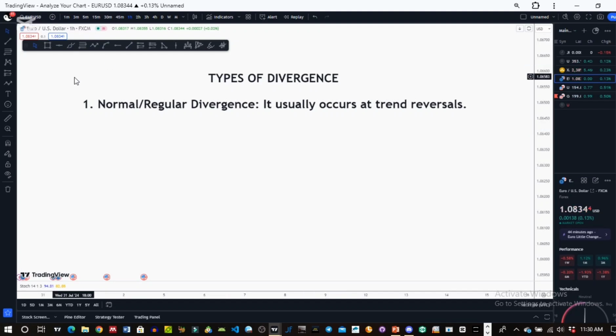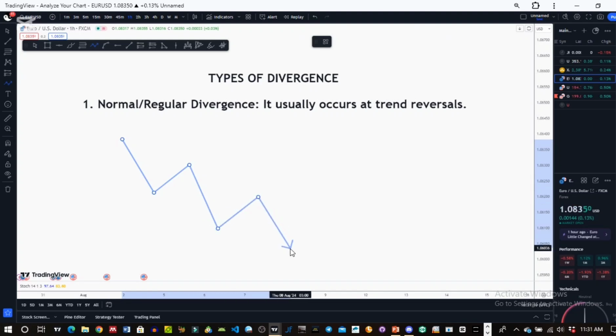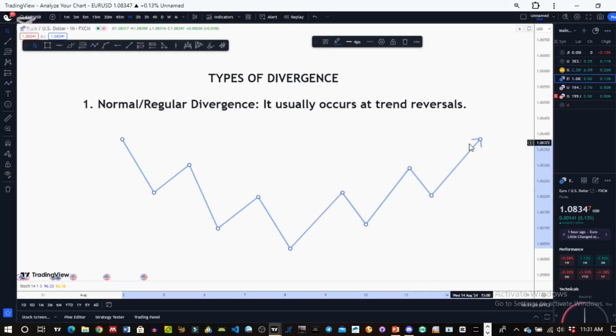So for the normal bullish divergence, assuming we have price on a downtrend moving like this, but suddenly turns and continues for a bullish trend. Okay. So we're having a price reversal from a downtrend at this point, reversing to a bullish trend.